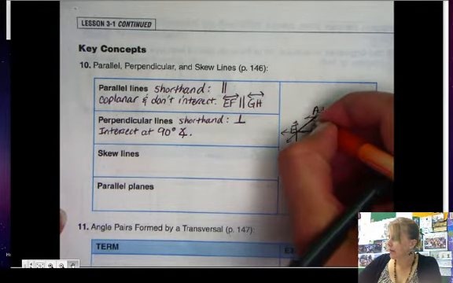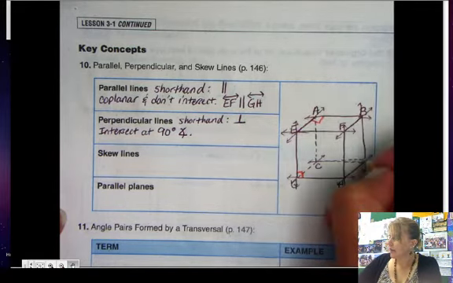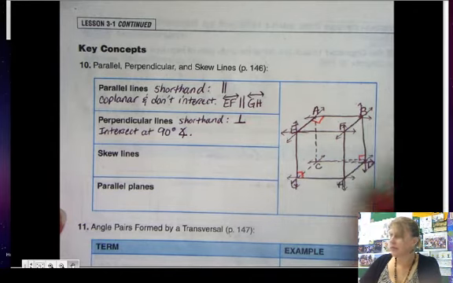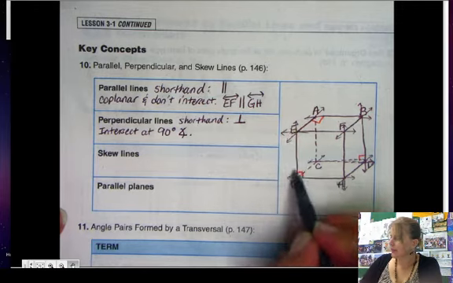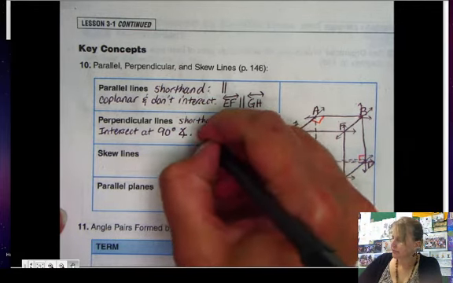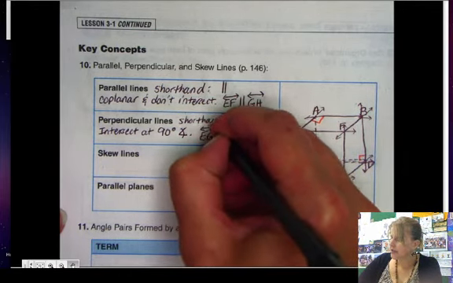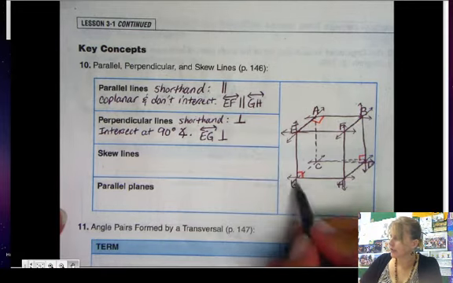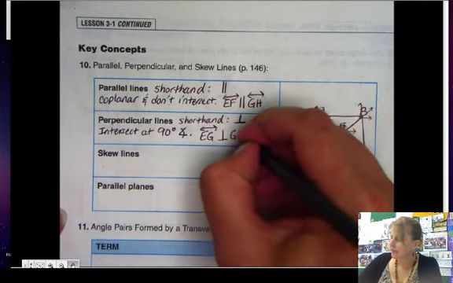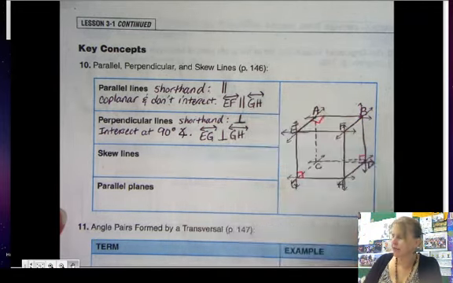I also have a right angle back here, and I also have one back here. All of these come to right angles. There are lots of them. So let's do our example here: line EG is perpendicular to line GH. And that's one example of perpendicular lines.